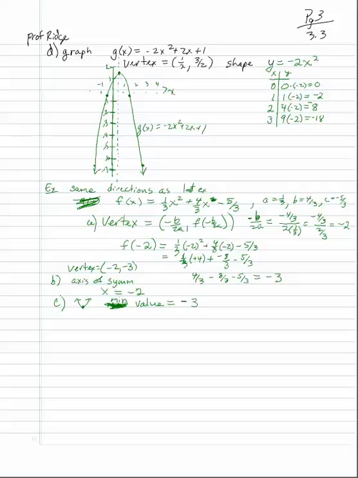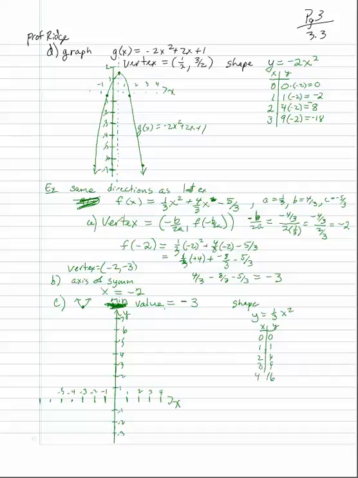Now let's graph it. Okay, so the shape of our graph is y equals ax squared, so 1/3 x squared. We take our base graph: 0, 0; 1, 1; 2, 4; 3, 9; 4, 16. With fractions, I usually go a little bit further because it's being compressed, so I can fit a few more.